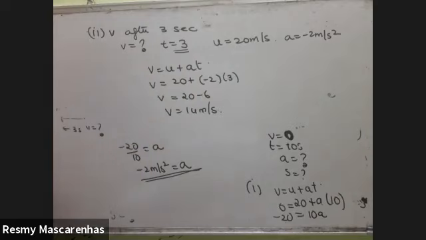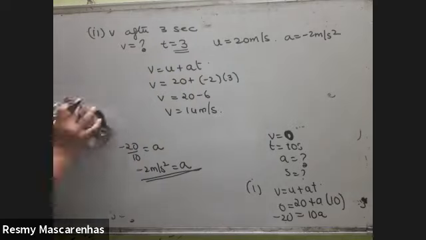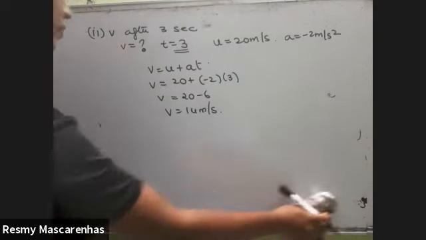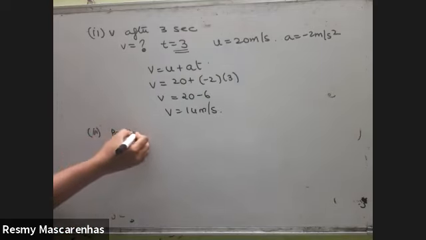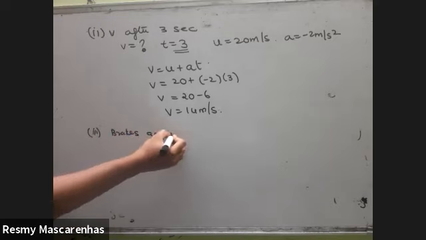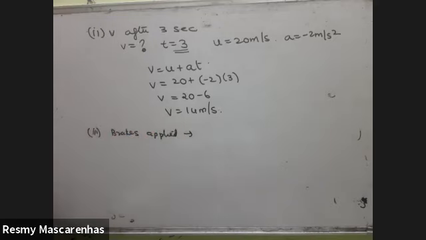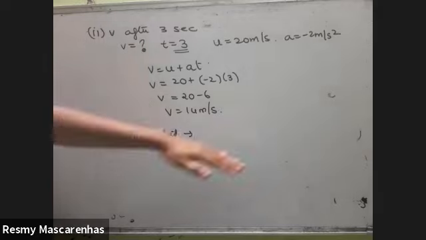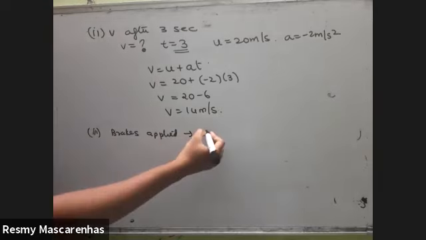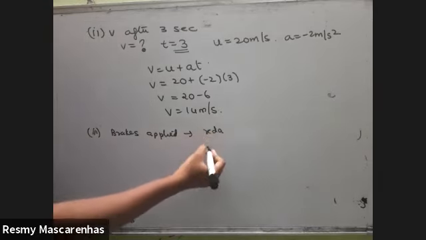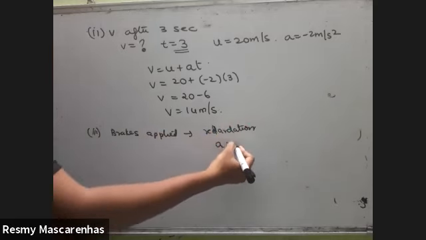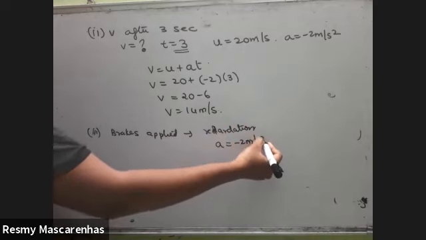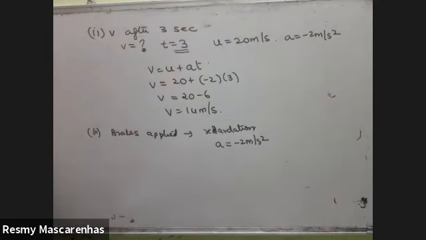Third part: after the brakes were applied, what is the distance? Brakes applied means retardation, which means whatever acceleration is there, it will reduce. So brakes applied means I have to use the same retardation. A will be how much? Minus 2 meter per second square, which I already got here.